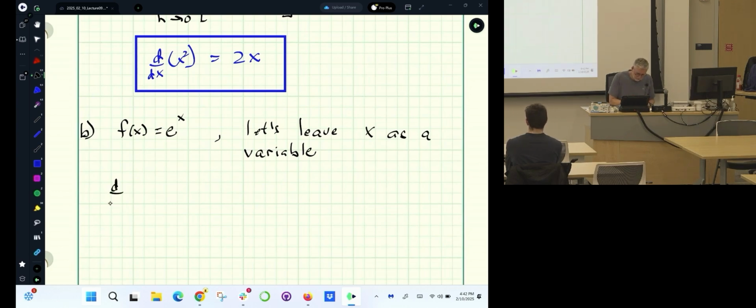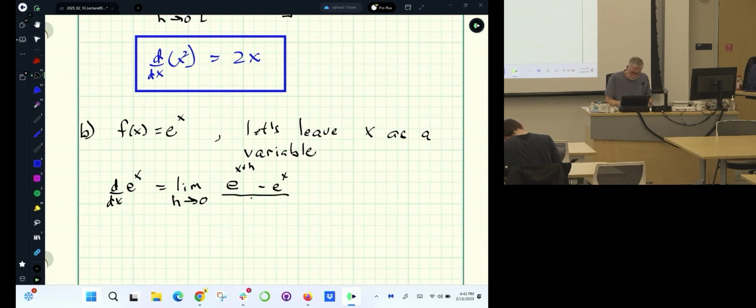And so d by dx of e to the power x equals the limit as h goes to 0. We plug in f of x plus h, so that's e to the x plus h. We subtract f of x, we divide by h. So that's the definition. So we just applied the definition.